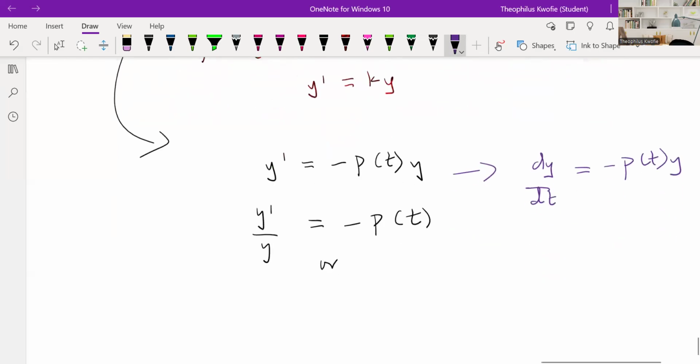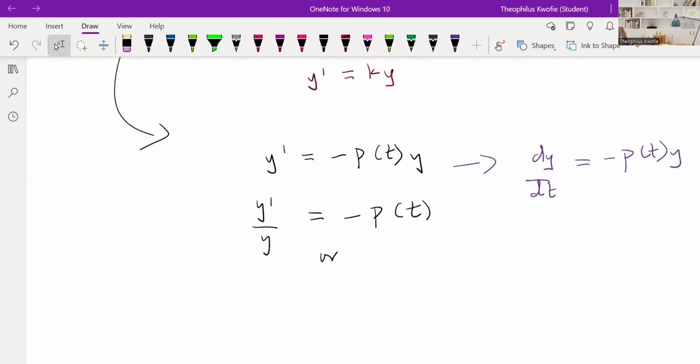In other words, if that's the case, this can also be written as dy over y equal to f of t dt.